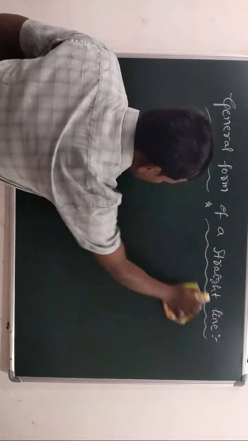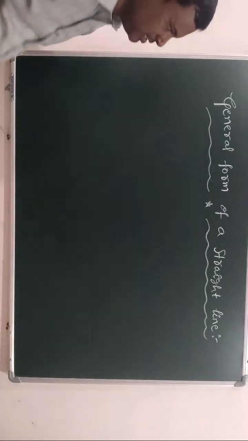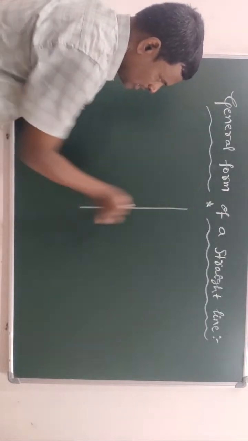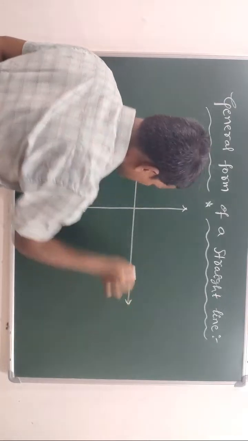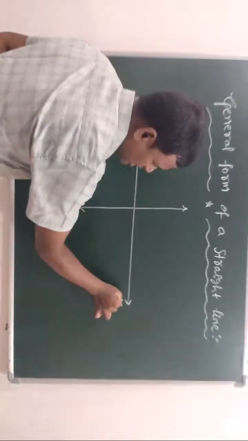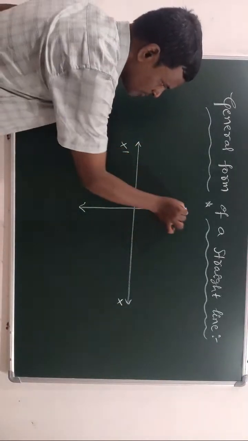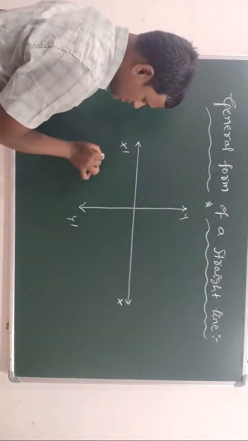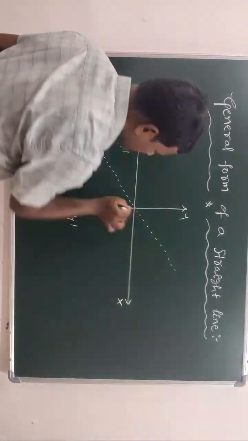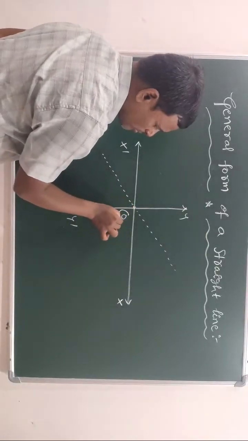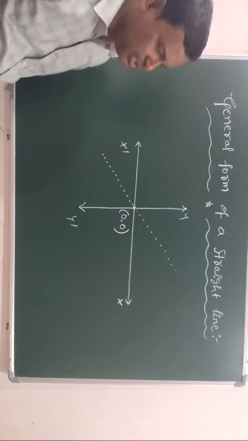Here, suppose that line passes through the origin. See, here x dash, y dash. Now if you take that group of points through the origin, you know one of the point coordinates is 0 comma 0.